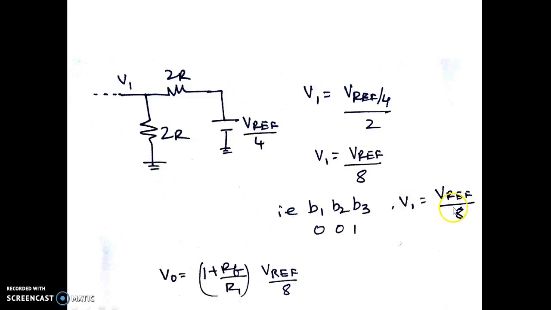Then the output voltage is gain times V1. We have seen in all the different combinations that if B1 is 1, we have gain times V reference by 2. If B2 is 1, we have gain times V reference by 4. If B3 is 1, we have gain times V reference by 8.